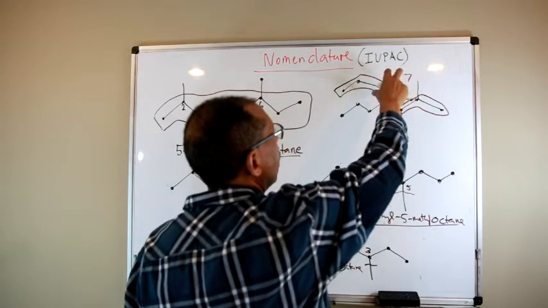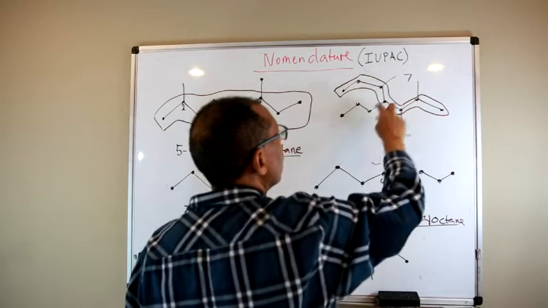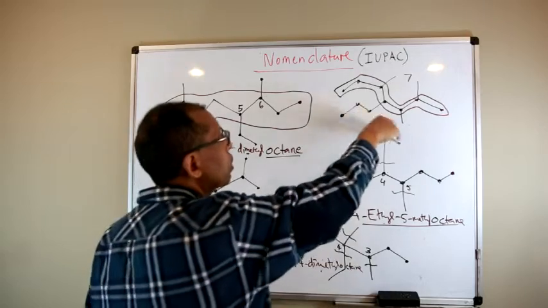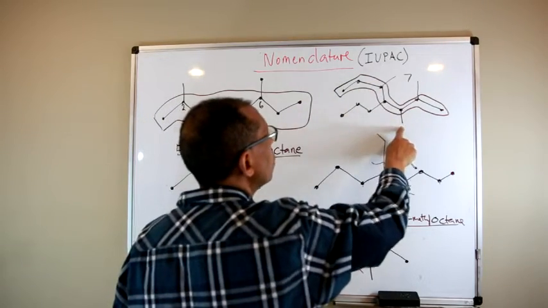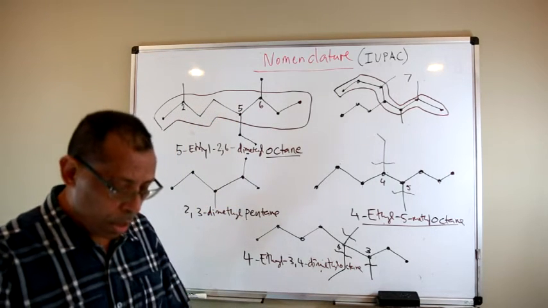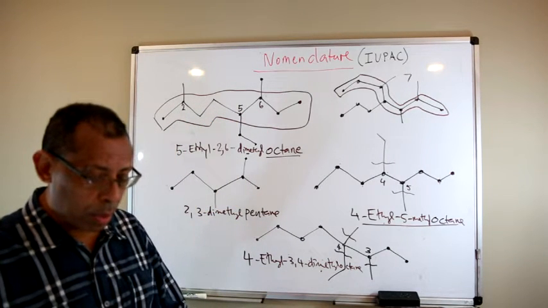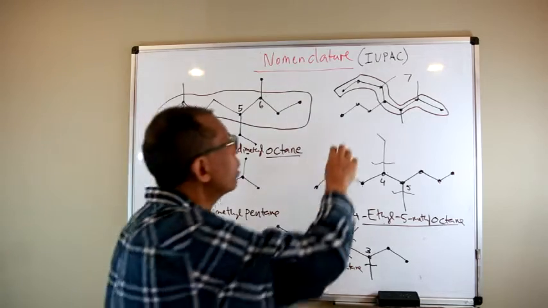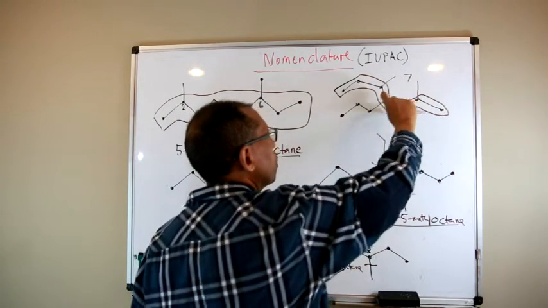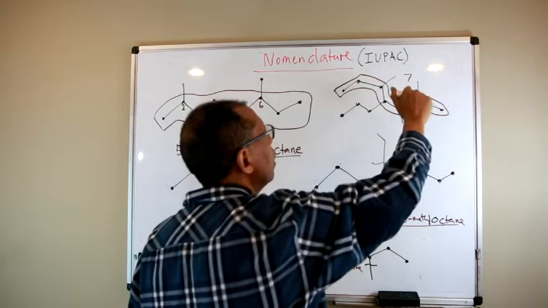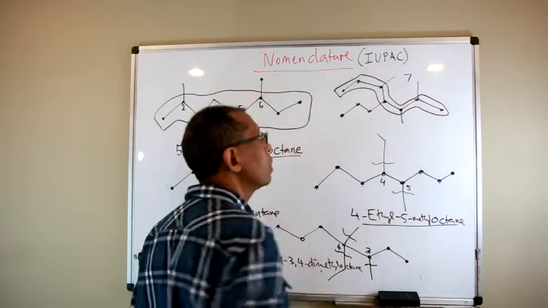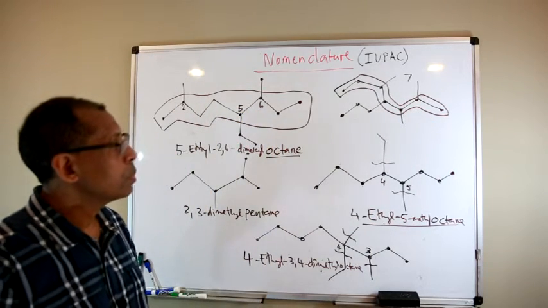These are 1, 2, 3, and 4 substituents actually. So this is 4 substituents. And instead of 4 substituents, you go for 3 substituents. If you just go straight through this chain, you would have 1, 2, 3 substituents.